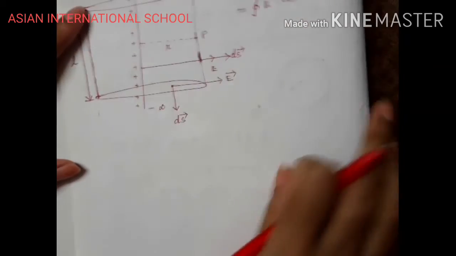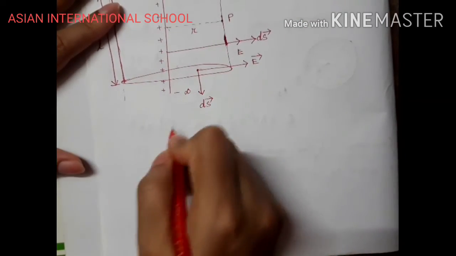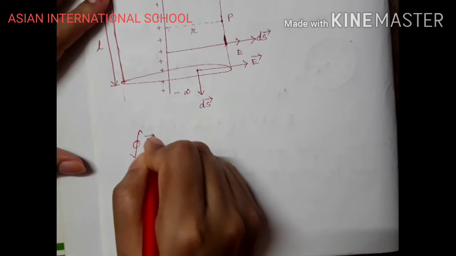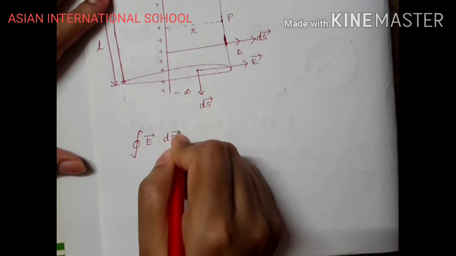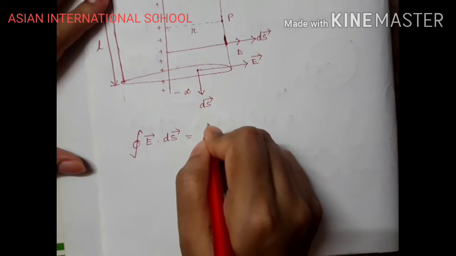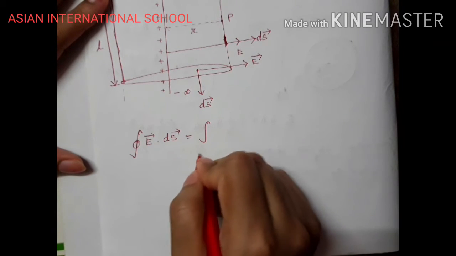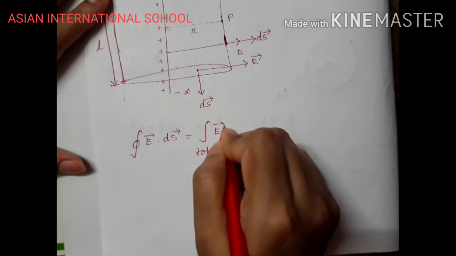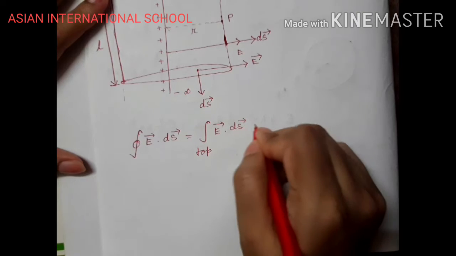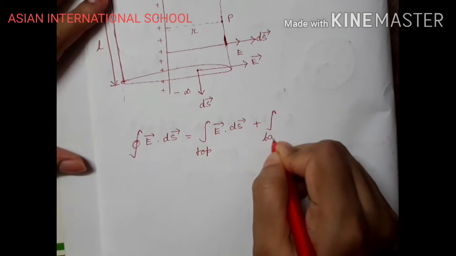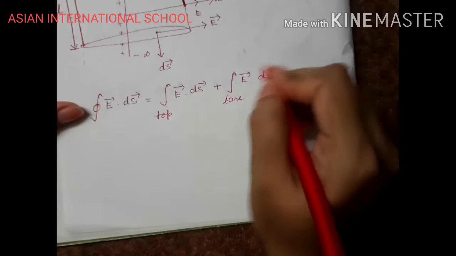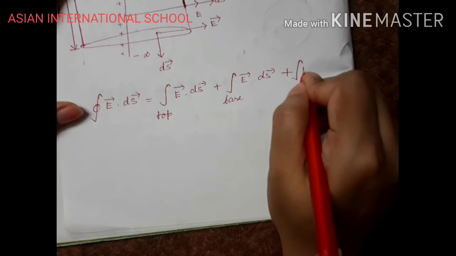So let us come here. We will do the calculation here. So E dot dS vector can be written as the topmost portion E dot dS, the base, and the curved portion.